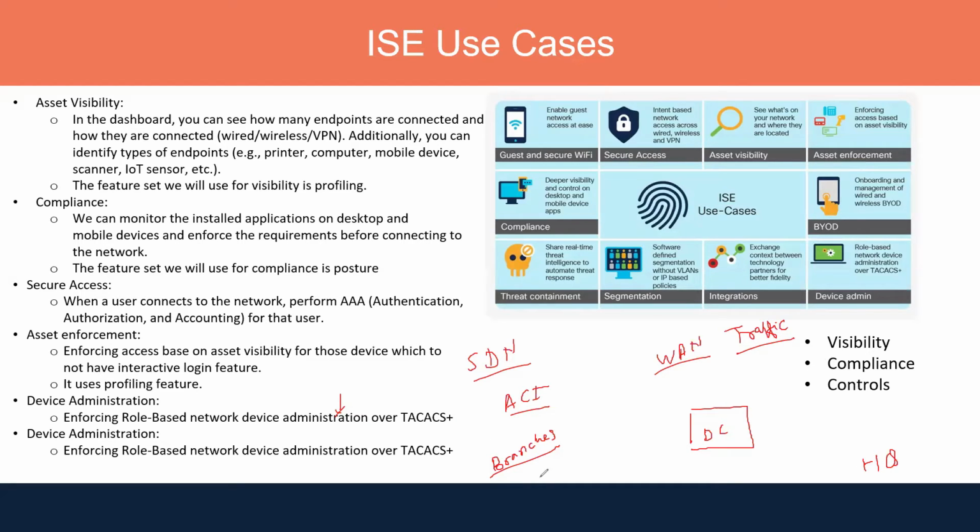The basic requirement is that all the branches should be connected to the data center. And how are they connecting? They all connect using a WAN link, a kind of WAN connectivity.